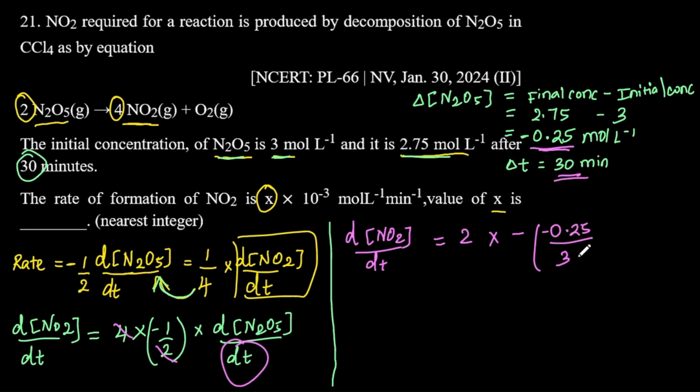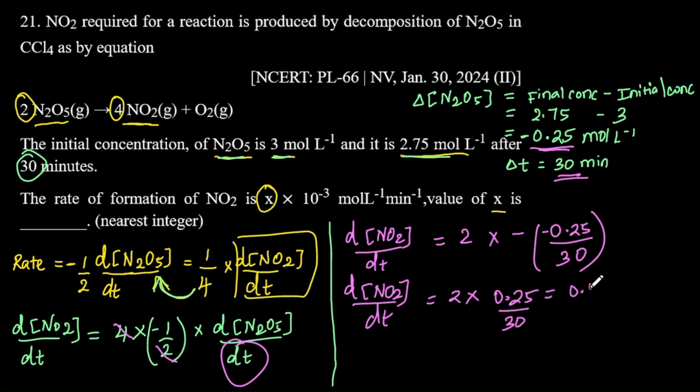The change in time is 30 minutes. So d NO2 by dt is equal to 2 into minus will become plus 0.25 by 30, which is equal to 2 into 0.25 is 0.50 by 30.